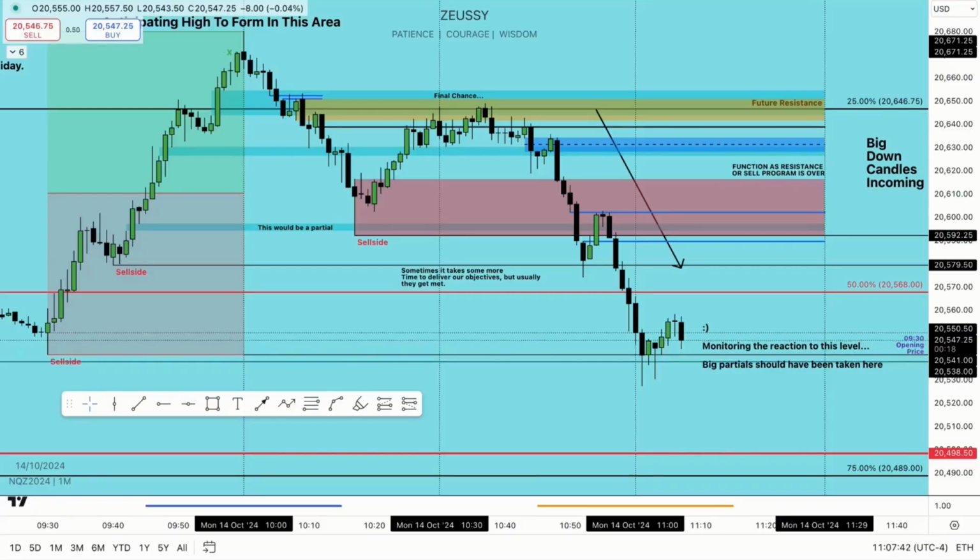The moment we see strong closes below that old low, that 930 low, I anticipate lower prices. If we do not displace below that level again, then we're likely going to be range bound.